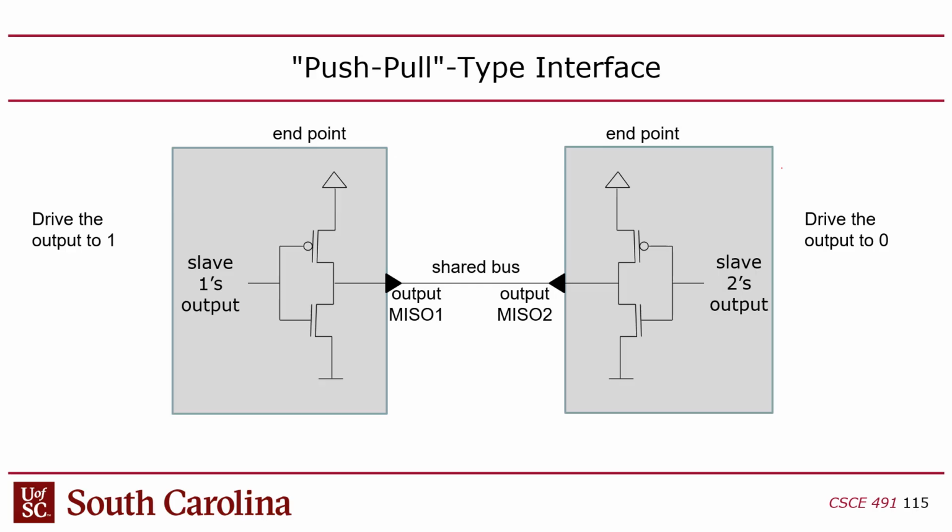SPI and UART both use what's called a push-pull driver circuit. The driver is the circuit that actually injects zeros and ones to an output pin. The way those work, fundamentally, a push-pull is where on each chip, the I/O pad has essentially a CMOS inverter, right?